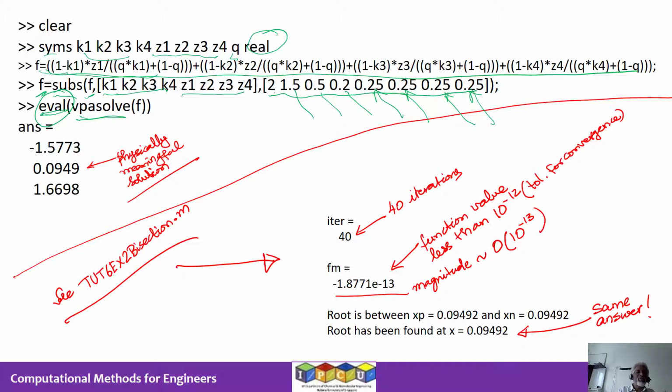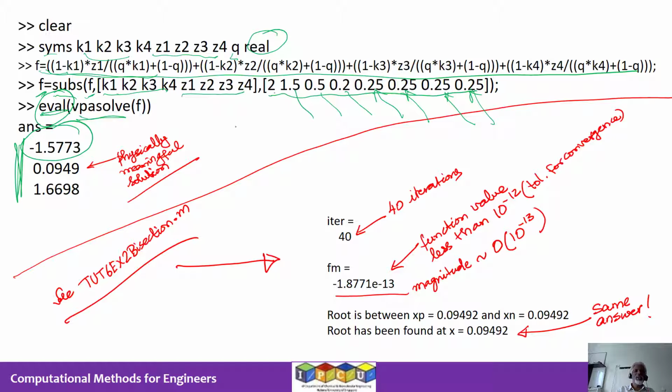So we get these 3 values for Q that we originally predicted. It is a third order polynomial in Q, which will have 3 roots, and here are those 3 roots determined by VPA solve. Of course, some of these roots are physically meaningless while they are mathematically right. A negative value cannot be true for psi.